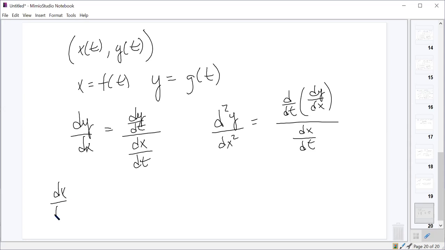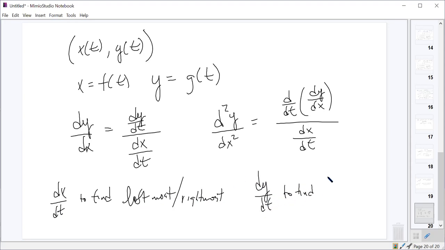So use dx/dt to find leftmost and rightmost, and use dy/dt to find max or min. Everybody good there? Perfect.